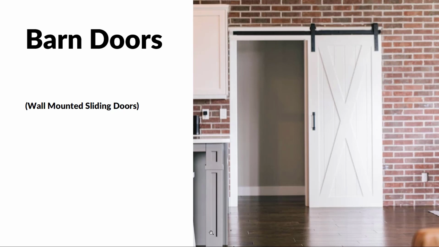These are very popular. People really like them a lot. But we have to be careful about what the application is that we're using it for. They're generally more difficult to lock, and they also offer a little less in terms of privacy because there's usually a bit of a gap around them, and they don't often seal tight.